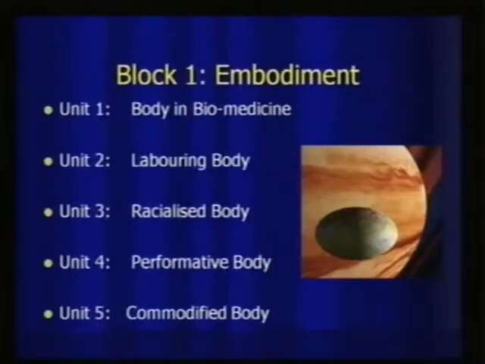Whereas with the female body, it is always feminine behavior or feminine attributes that have been attached to the performance of the female body. The last unit of this block is commodified body, which talks about how women have always been seen as a biological resource and an economic property.